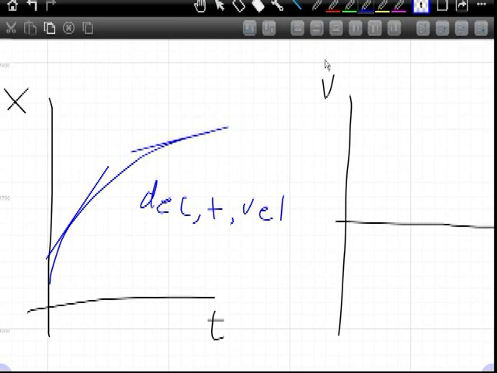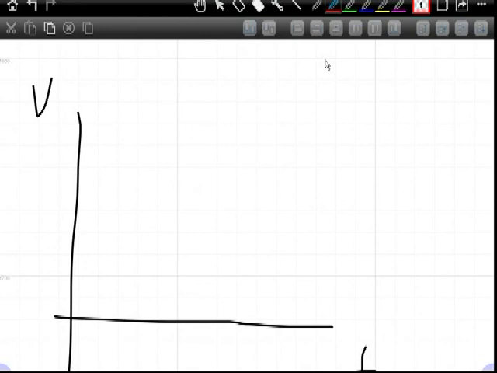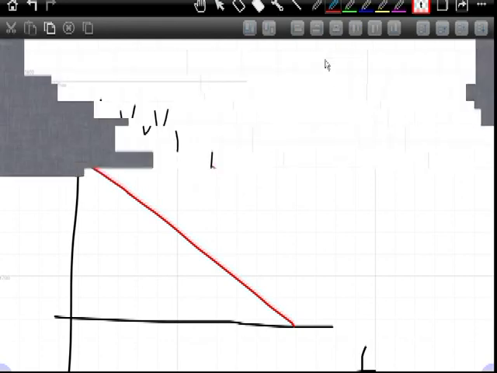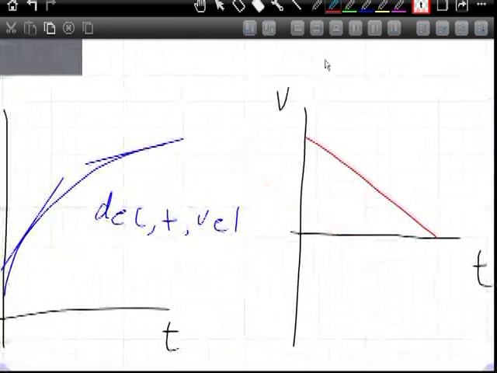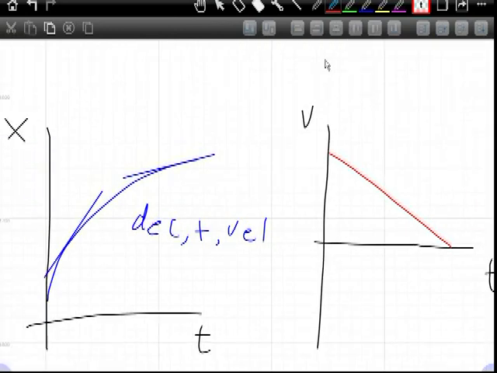Woo. Velocity graph, what do we have for that? Thoughts? Anybody want to describe theirs? Yeah. Beautiful. Sarah, does that agree with our first graph? Yeah. Why?